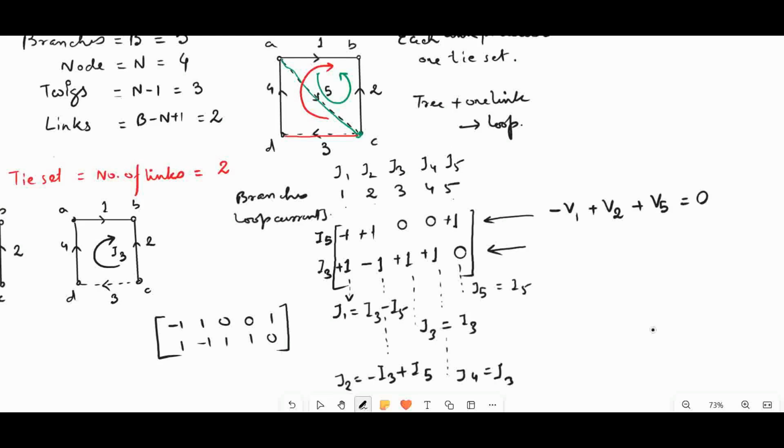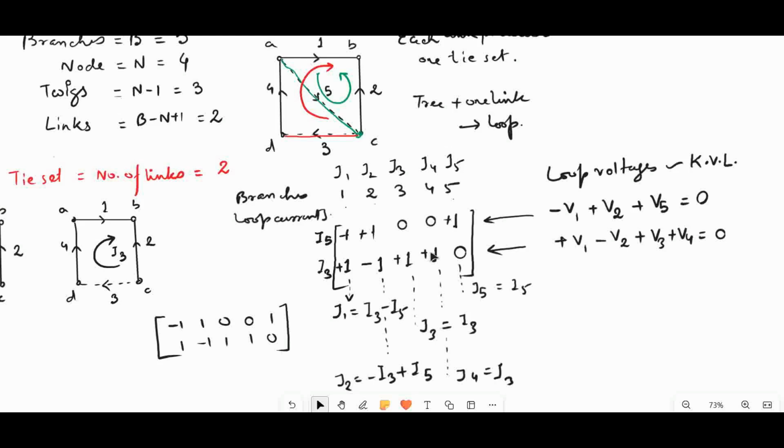So this is the first KVL equation. Then next will be plus V1 minus V2 plus V3 plus V4 equals to 0. So these loop voltages represent the KVL equations. So using the Tieset matrix, we can determine the KVL equation of a loop.